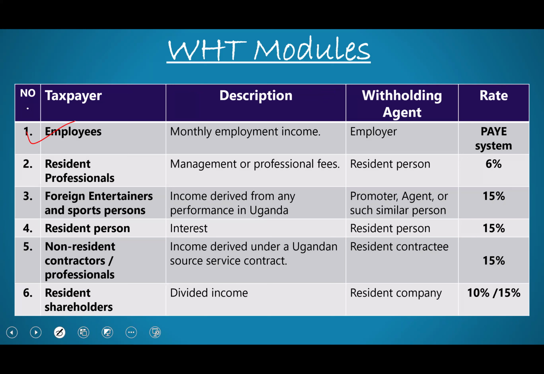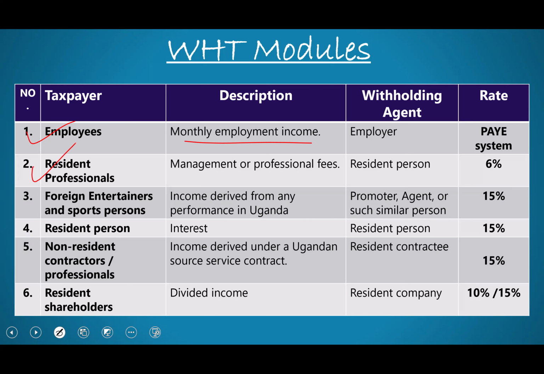So at this point, I'm informing you that all employers are designated withholding agents when it comes to PAYE. They are supposed to withhold on a monthly basis from the payments they make to employees following the pay system. So the withholding agent on that transaction is the employer, whereas the payee is the taxpayer, the employee.